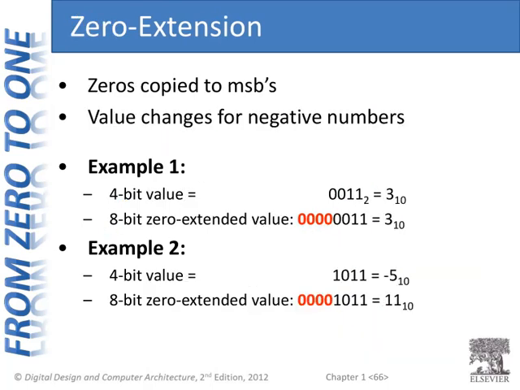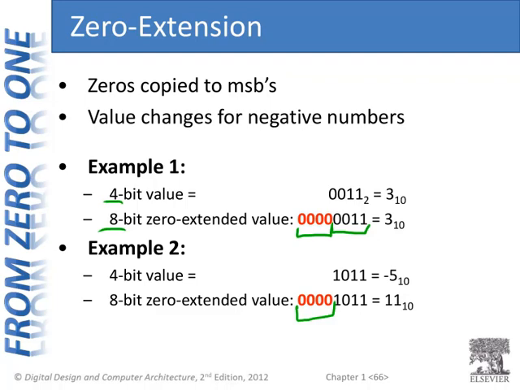0 extension, on the other hand, ignores the sign bit and just puts 0 into the most significant bits. No matter what, it doesn't even look at the sign bit, it just pops zeros into the most significant bits. If you want to go from 4 to 8, that's 4 zeros in the top 4 bits.